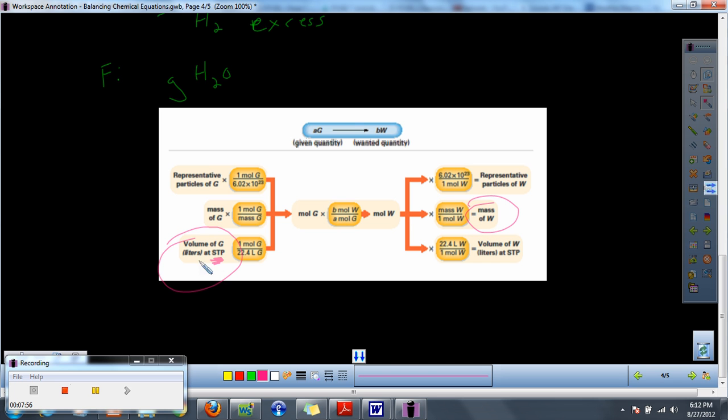So what we want to do is go from volume at STP, convert into moles, using the fact that at standard temperature and pressure, 1 mole of a gas has 22.4 liters of volume. So we'll go into moles of our O2, and then into moles of water, and then finally into grams of water. Let's go ahead and get started on that.